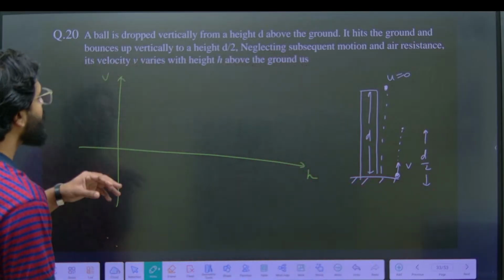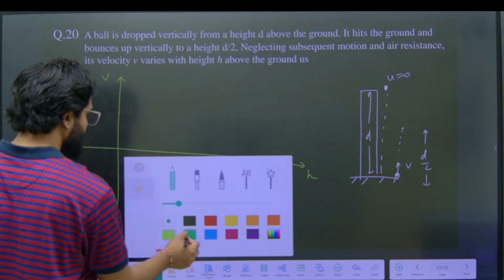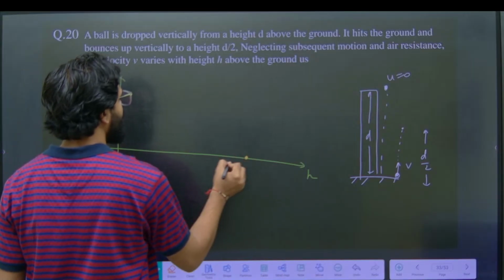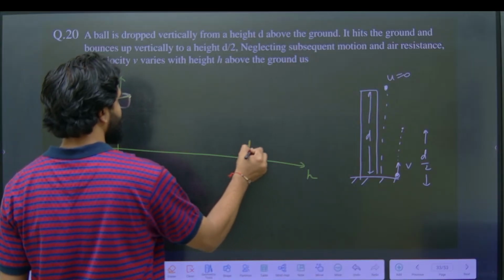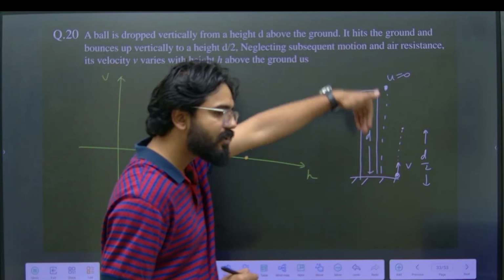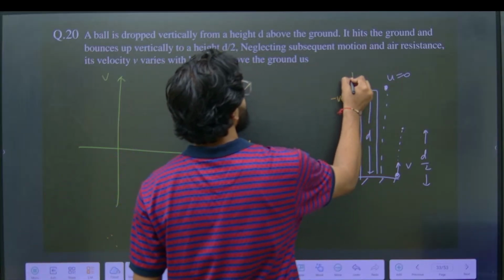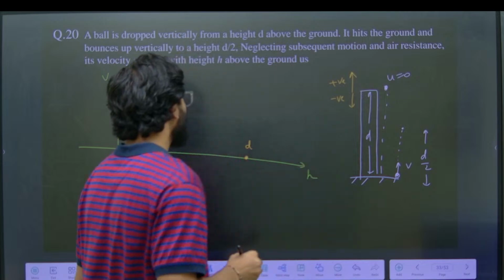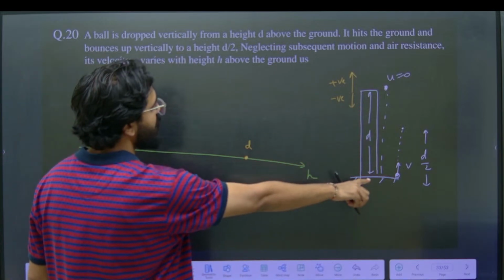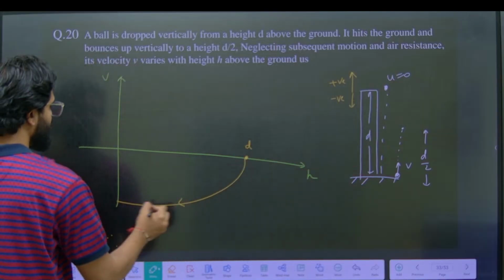So initially you are at height h or d. So this point is d, and then your velocity is in this direction. Let's take it as negative and this as positive. Now you are coming down, and when you are hitting the ground, your velocity is v maximum. So this will be the curve.